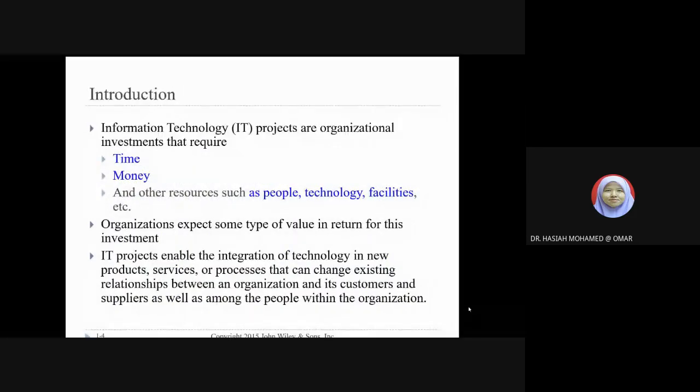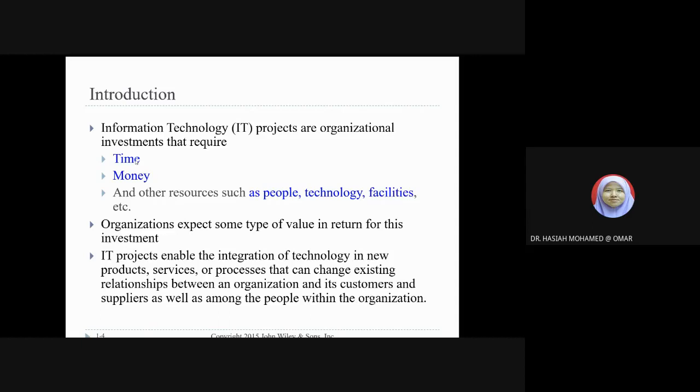An IT project, of course, will require time, money, people, technology and facilities, etc. Time, because we need to know the duration of each project from the start until the end, until it is completely finished and can be used, and how much money we need to have so that we can develop the project.